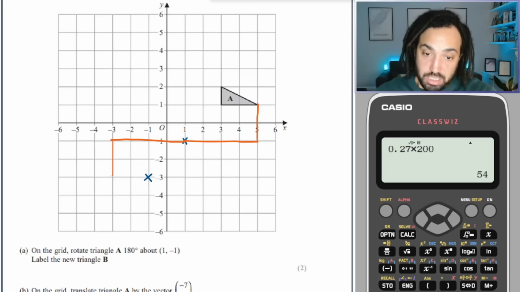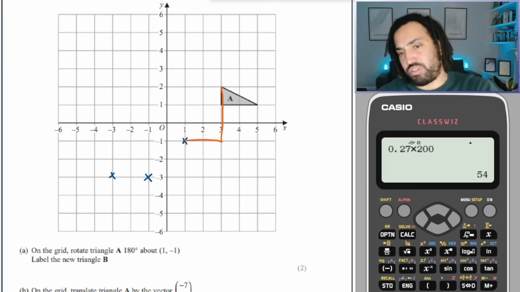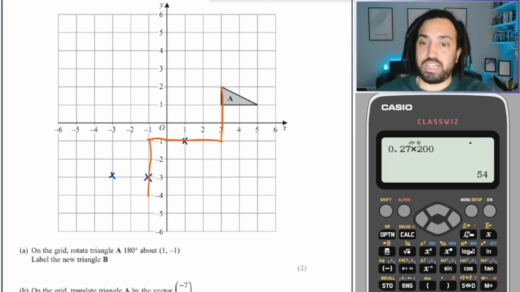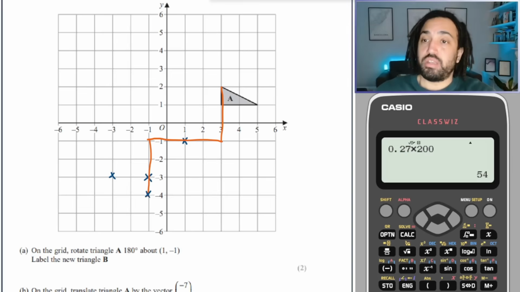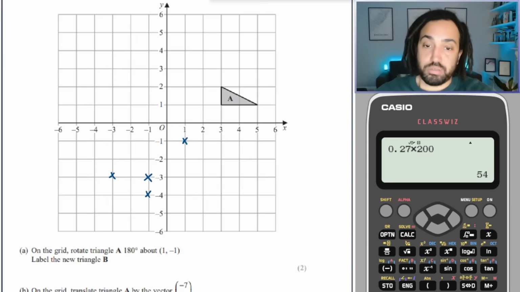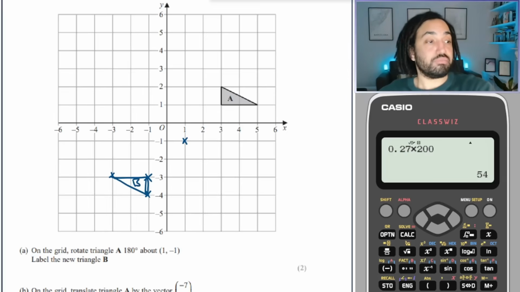So this is our other point, and then finally I would do the same thing again like that, and imagine that rotating around, and that would look like that. Then I would get rid of these construction lines, we don't need those, and I would just draw the triangle and label it B, like they've asked. Beautiful.